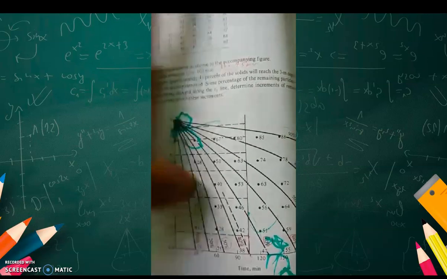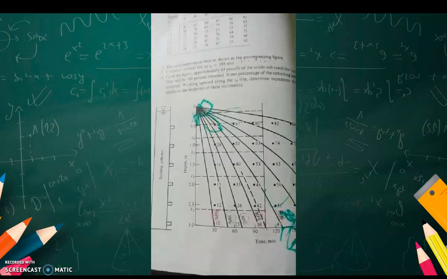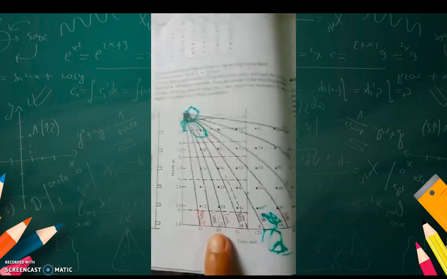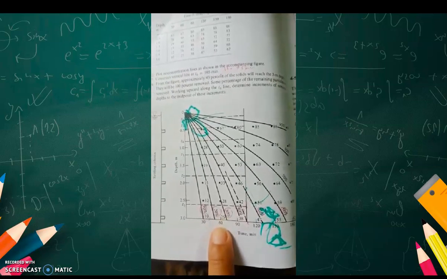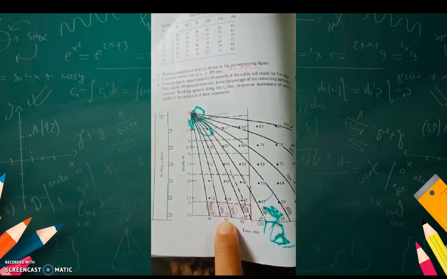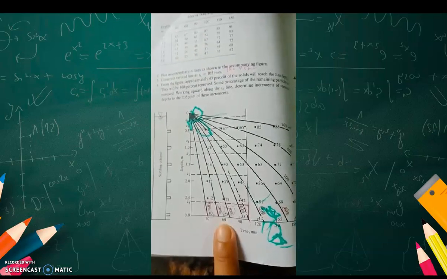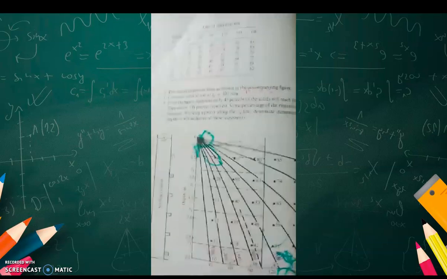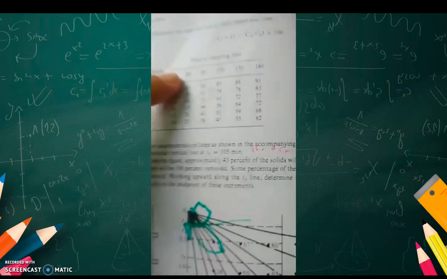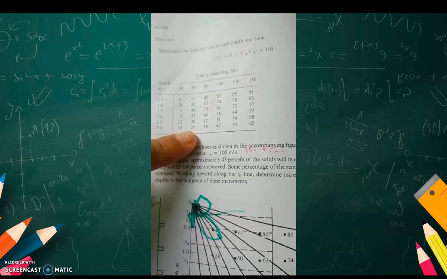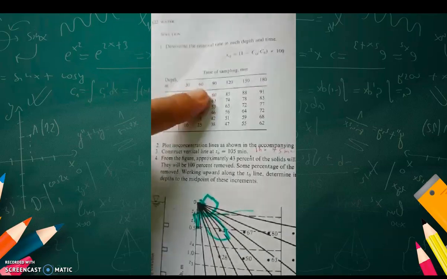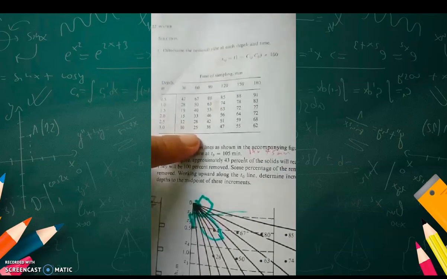that 20%. If you look here, the next value is 25 at 60, right? 60 retention time, but 3 meter depth. Where can I get that? So here at 3 meter depth at 60 minutes, it's 25%.